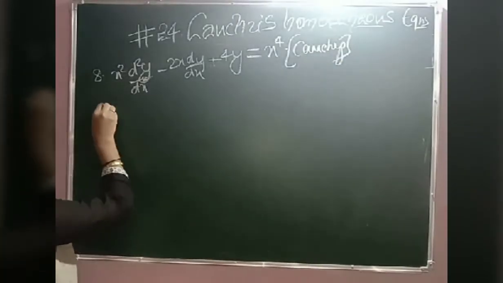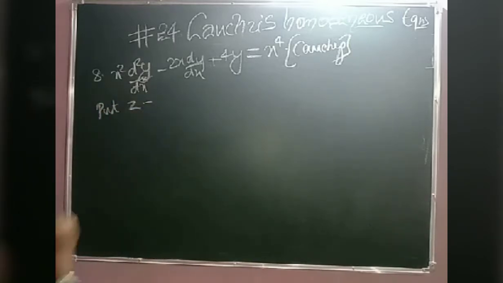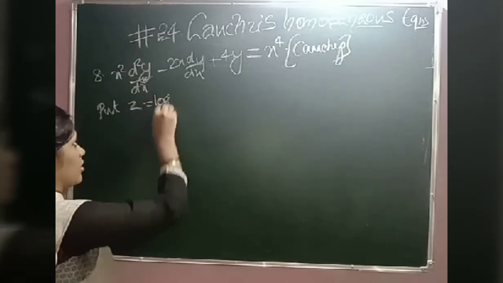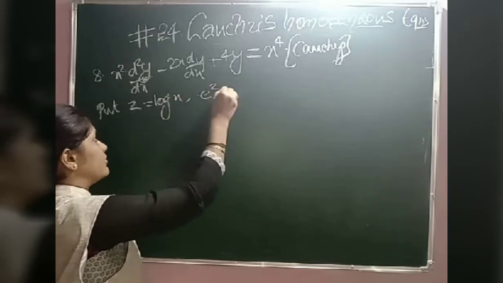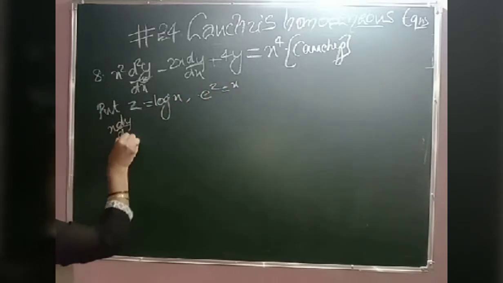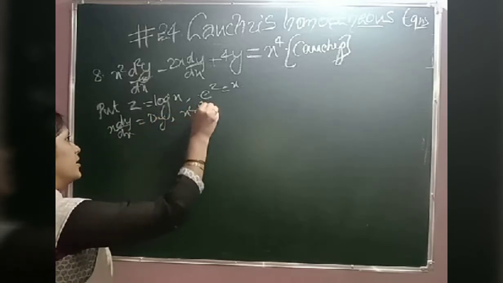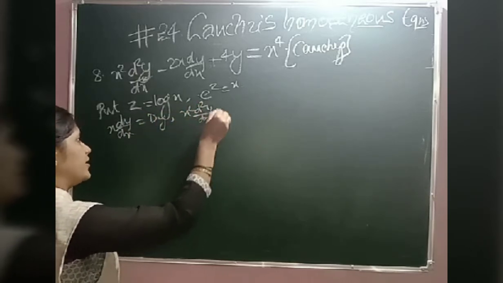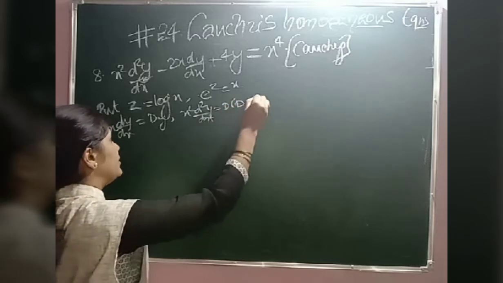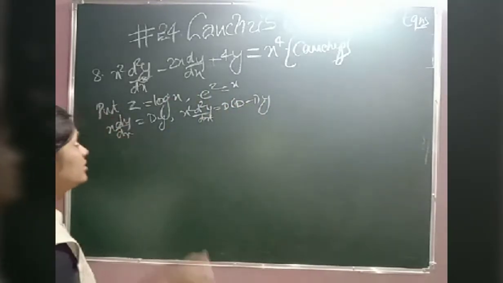So put z equal to log x. E raised to z equal to x. Next, x dy by dx is capital D y, x square d square y by dx square is D into D minus 1 y. So let us substitute all this in our given equation.